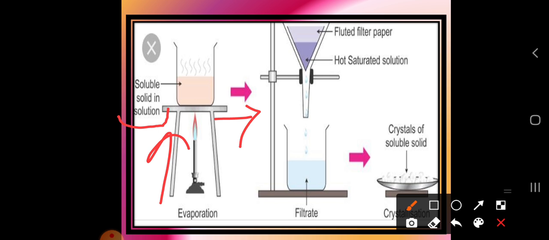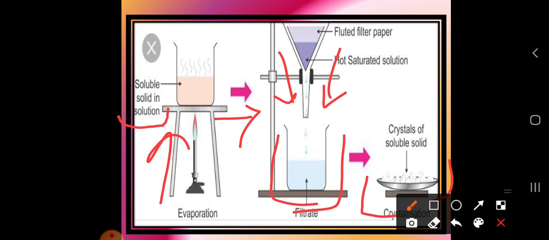With the help of a conical flask and funnel, filter it. You will find the filtrate, which is the pure form of the solution. Then keep it for some time and you will get the crystals of the soluble solid.